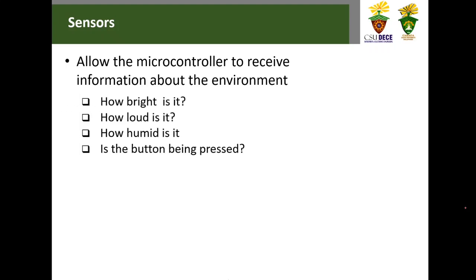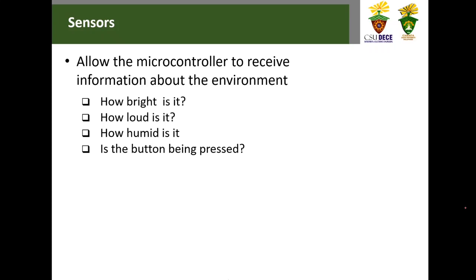And depending on the sensors that you are using, this sensor will allow us to determine how bright is it, how loud is it. Like how bright, pwede ta magamit og mga photo sensor, and loud sa microphone.